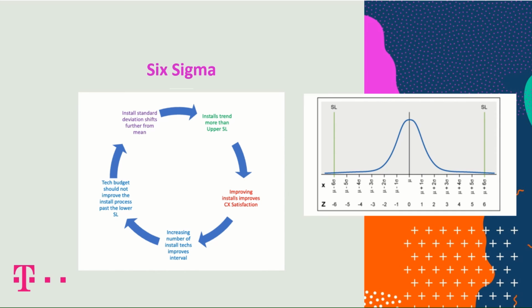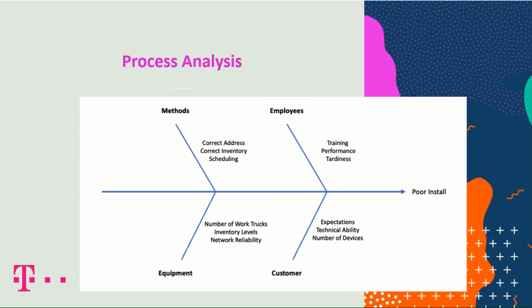The next tech blog article I talk about is a process analysis. I have in the visual on the slide a fishbone diagram, and this focuses on 4 main areas of what can lead to a poor install. Methods, that would be the processes involved in installing, employees, the customer, and the equipment needed for install.